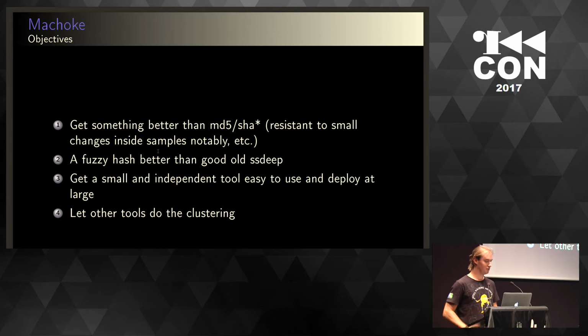The main objective of this CFG-based fuzzy hashing is to get something better than MD5 and the SHA family to classify malware. That's not really hard, because MD5 and the SHA family are mainly used in malware research only to identify a particular sample. We also try to do something better than SSDeep, which is another fuzzy hash for malware.